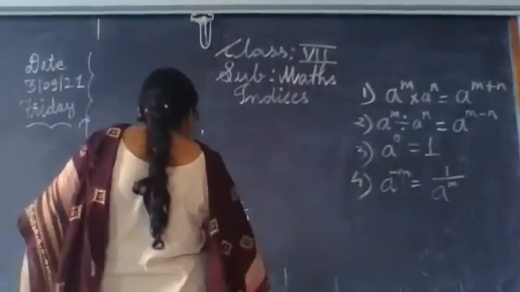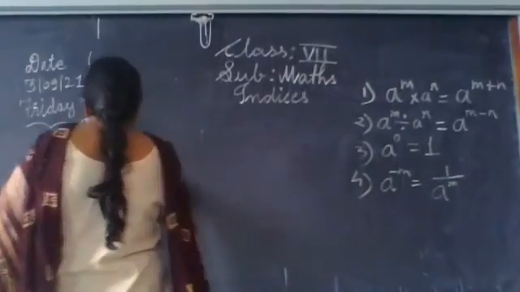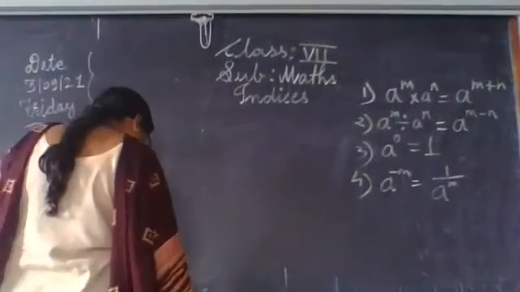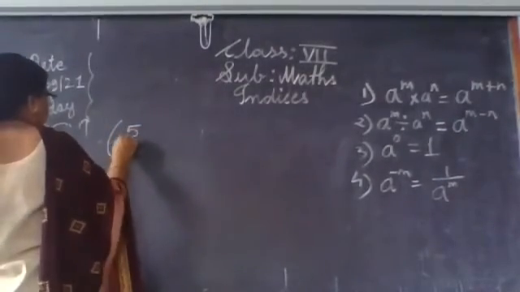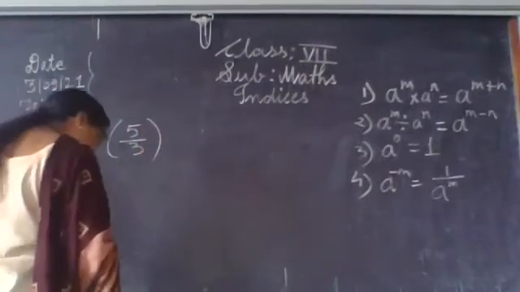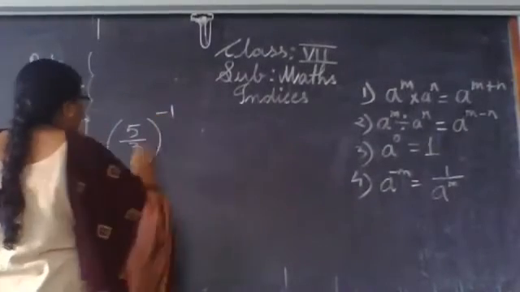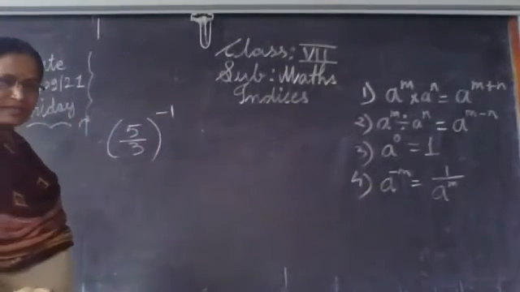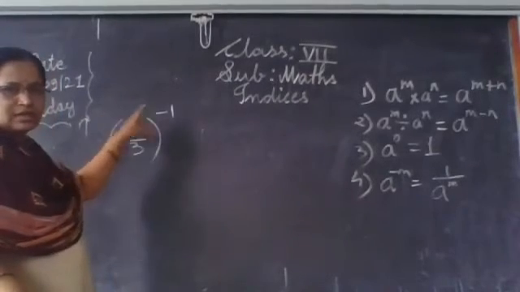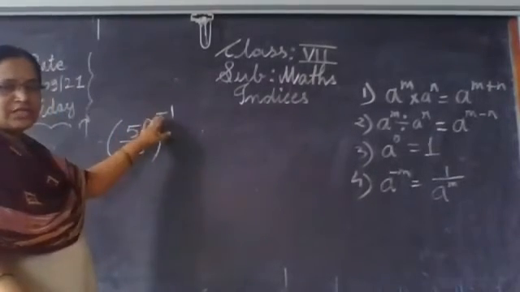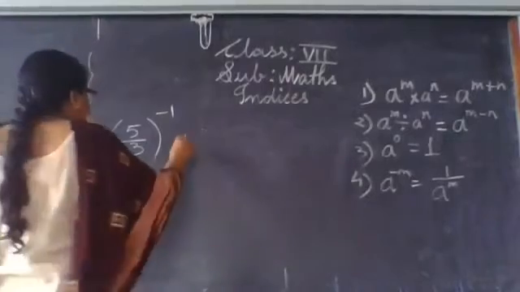Okay, if the question is like this, 5 upon 3 raised to the power minus 1. So what is it? The power is minus. To make this power positive, you have to divide it by 1.